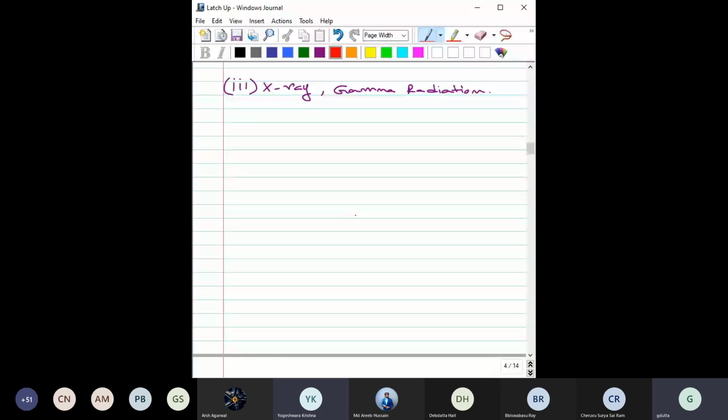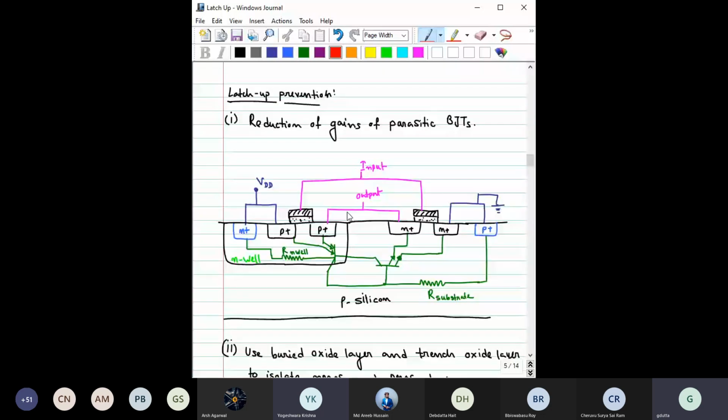Now, if you have understood this latch up, then we should also discuss something regarding its prevention. We cannot just say, if this happens, leave it, right? So we have to do something to prevent it. So how to prevent this latch up? First thing is, why is this latch up happening, why is there a positive feedback? Can you comment on that?